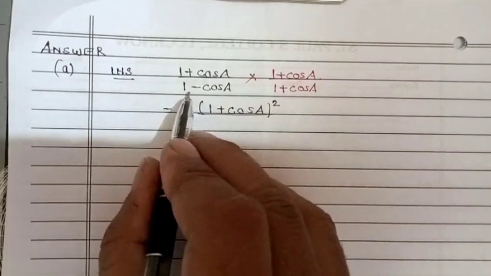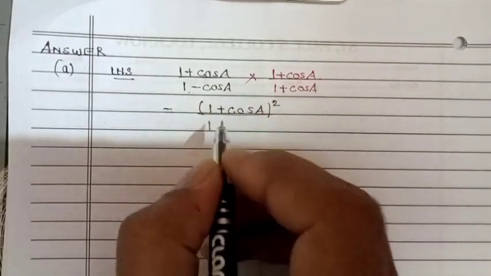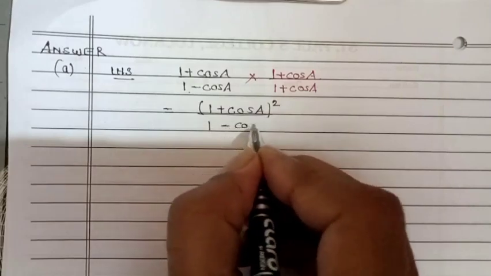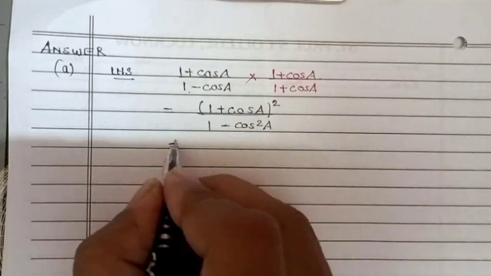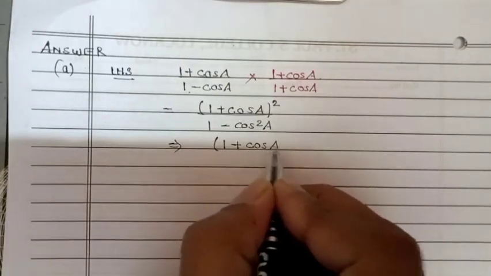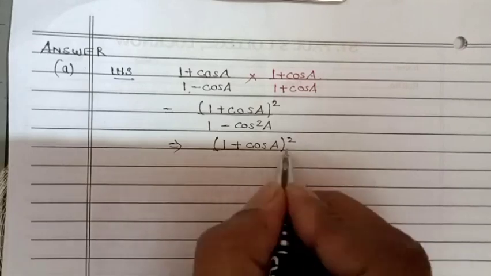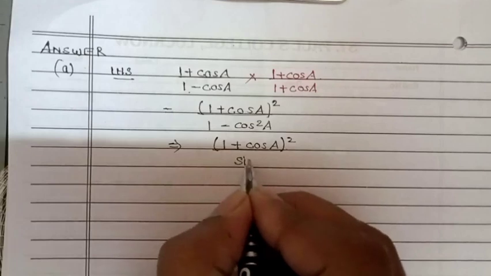In the denominator, 1 minus cos into 1 plus cos will give you 1 square minus cos square. Right? So in the numerator you get 1 plus cos A whole square, and in the denominator 1 minus cos square will become sin square.